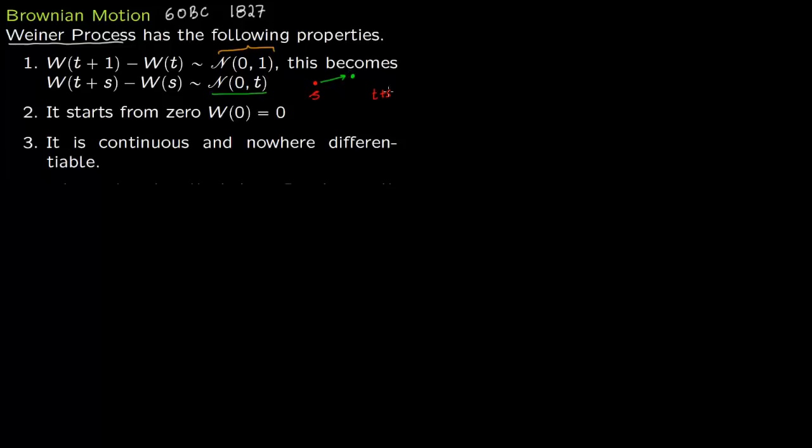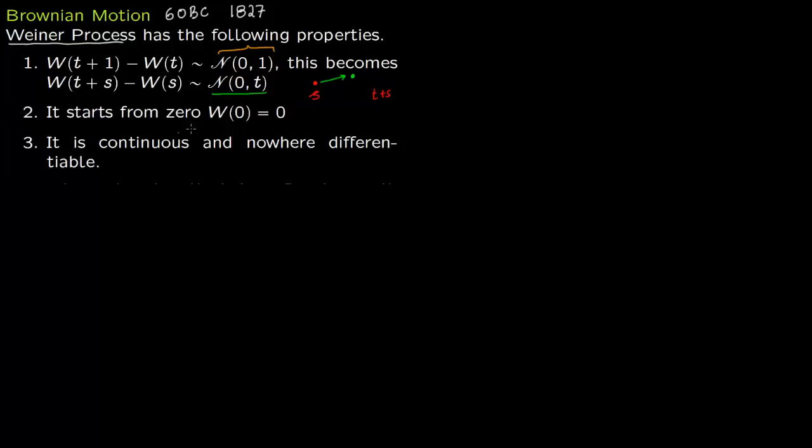Notice that whatever happened before s has no bearing on the next time elapsed t. So this is independent of the past. What we are concerned about, this t, is the time elapsed. From s you have gone to t plus s, so the time difference is t. So the next motion only happens based on the time difference t. It has nothing to do with the past.